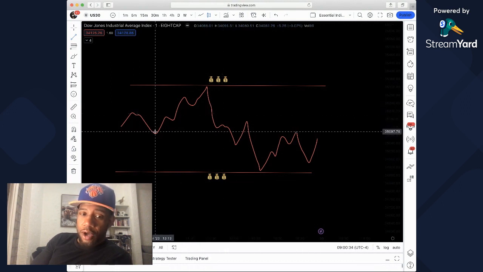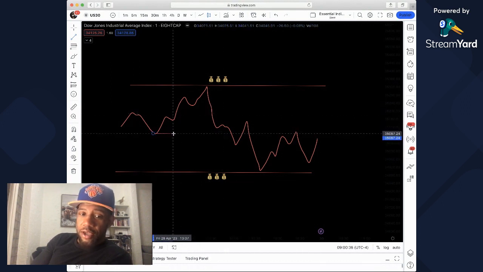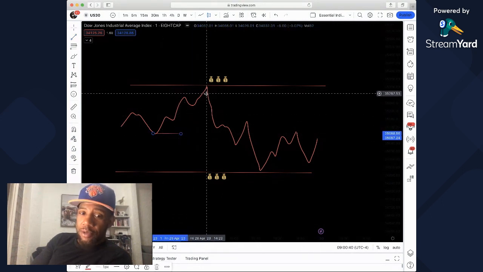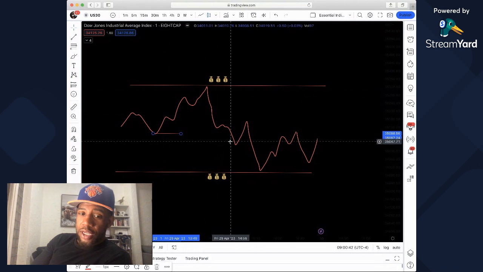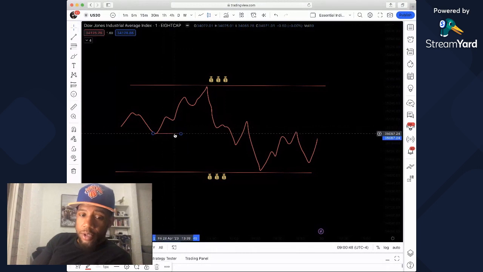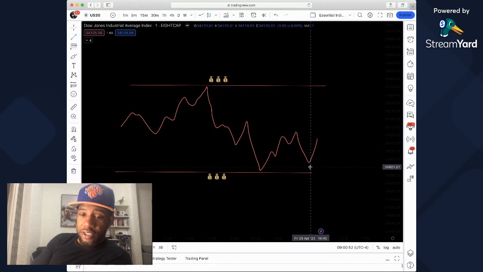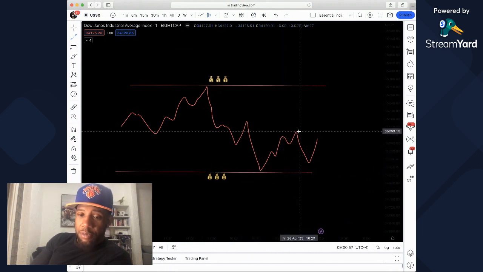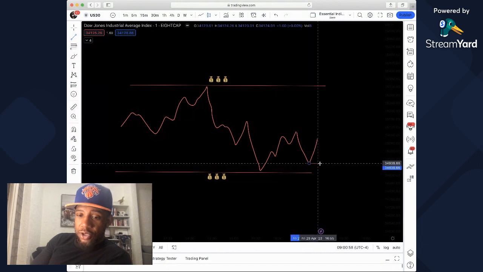For instance, right here, liquidity was resting, but now that price has gone below that area, it took that liquidity out, so you wouldn't have to worry about that anymore. But another area where liquidity is still resting, so this still wasn't taken out. Price came down here, but there's liquidity resting here. This was not taken out yet.